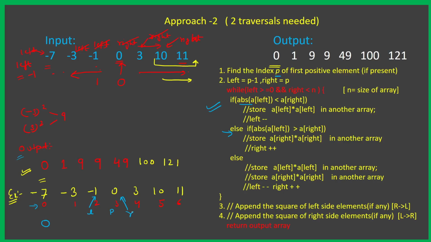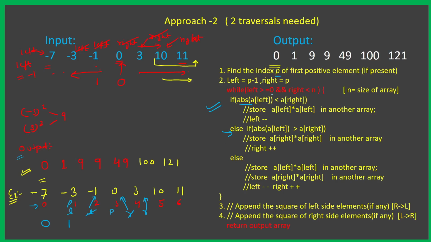So again right plus plus, so right will come here, and if we compare here, whichever element is lesser, 1 is lesser, that is the left part, so we will find the square of the left part. It will be 1. Now left will be decremented and left will come to this point.